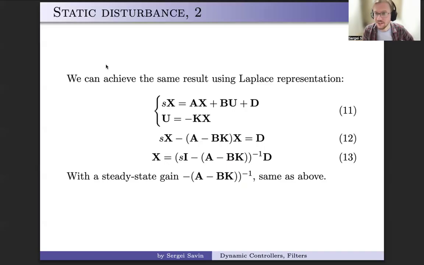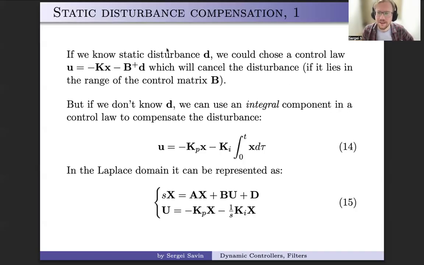Now we're going to use it to work with integral compensator. So if we knew D, we could compensate very easily by using a control law which would have minus Kx minus B pseudo-inverse D. If D lies in the range of control matrix B, then D minus B times B pseudo-inverse times D would be 0.